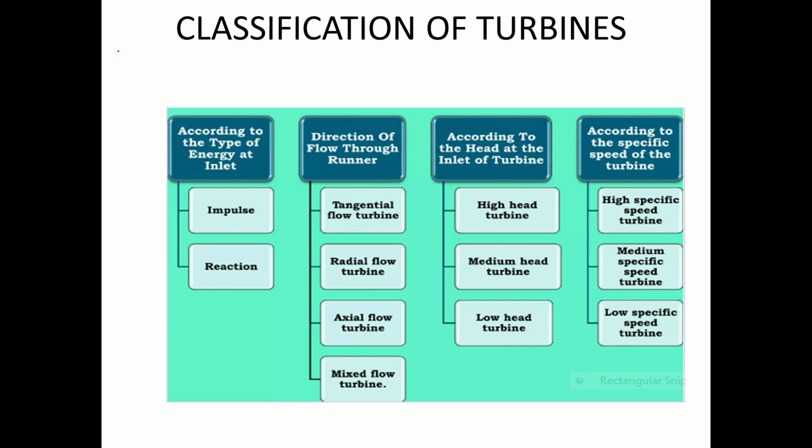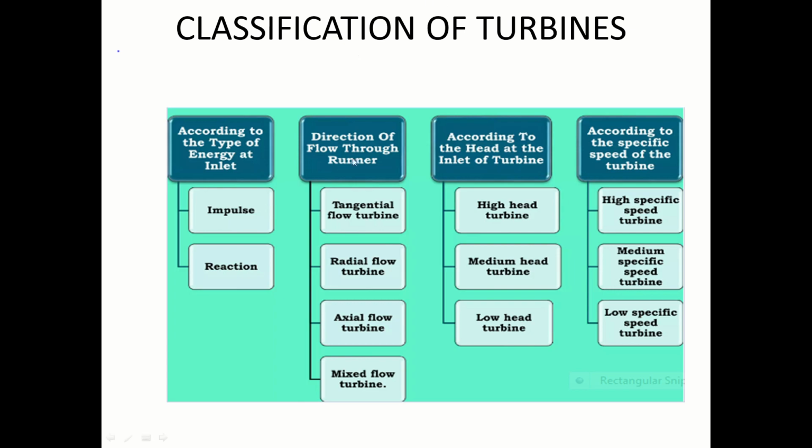Because of the flow of water either way, there will be pressure difference developed between both the chambers. Because of that pressure difference, reaction is developed and the turbine operates. That's why it is called as reaction turbine.